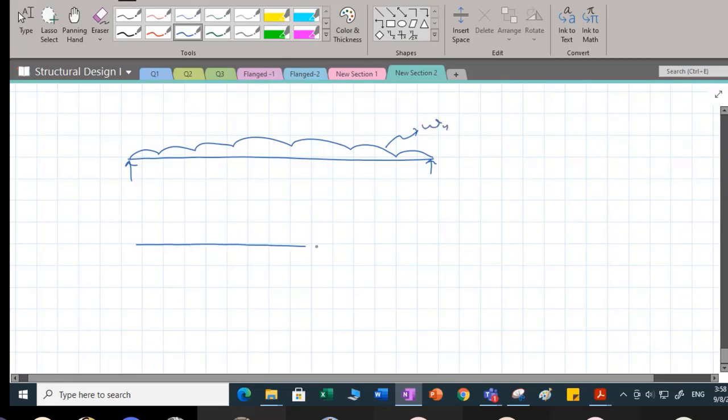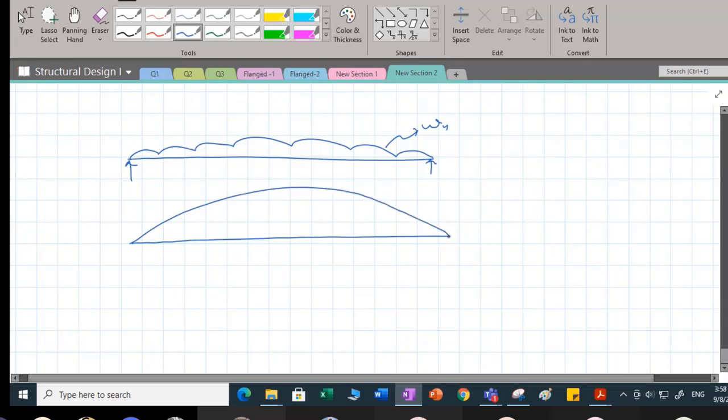Corresponding to this ultimate load, this is the bending moment diagram, which is positive bending. It means you're going to provide reinforcement on the bottom fiber. Tension is in the bottom fiber, so this is what you mean by positive bending moment. And if you have negative bending moment, the tension is in the top fiber, so you have to provide reinforcement on the top.